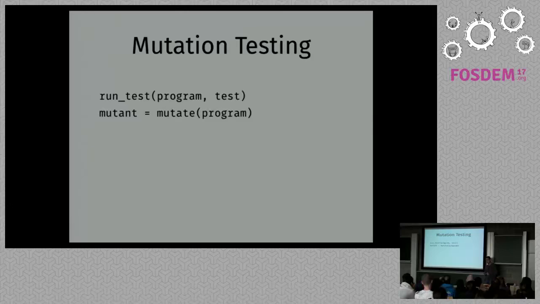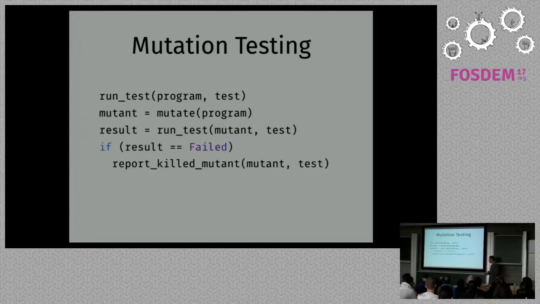We basically do some mutation on it, and it must be a semantic change. The program should be different. Then we take that mutated program and run the test suite against it again, and then we check the result. If the result is failed, then we claim that this mutant was killed. This is essentially a good thing.